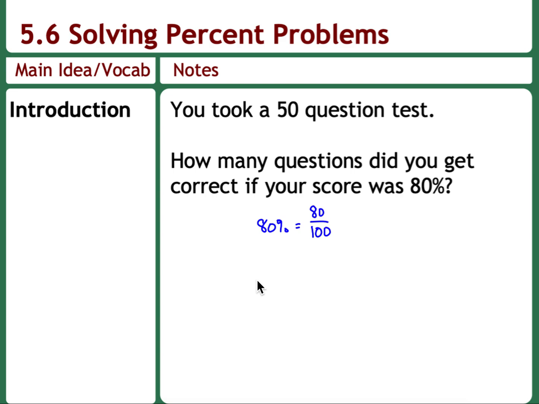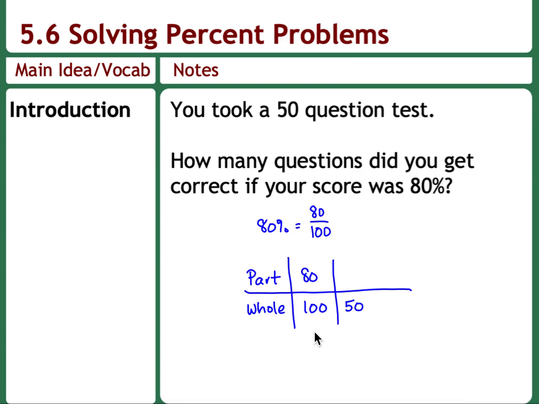Well, one way to think about this is we can think of it as a part to whole relationship and set up a ratio table. And we know that 80% can be written as a part to whole of 80 and 100. And on a 50 question test, we want to know what is the part that we got correct out of the whole amount of 50.